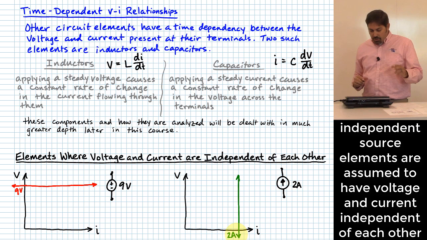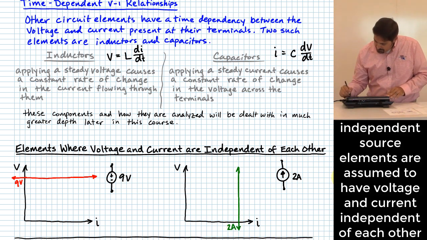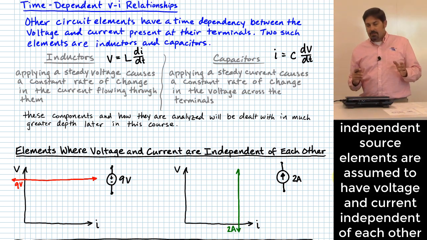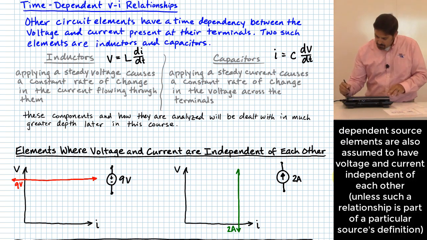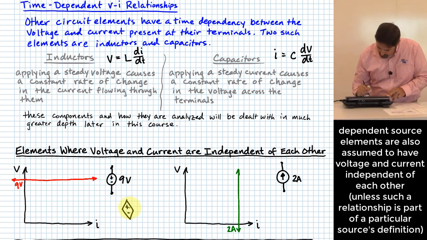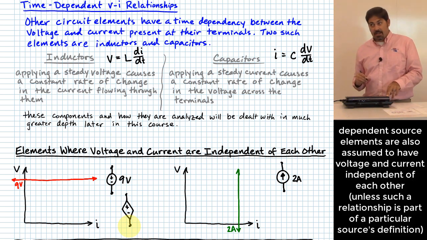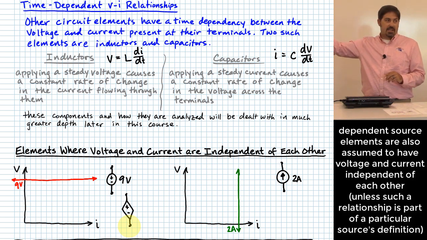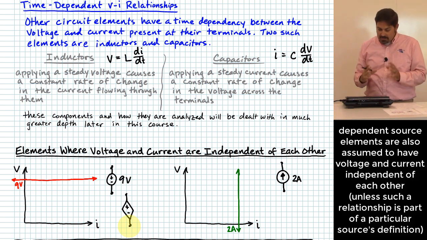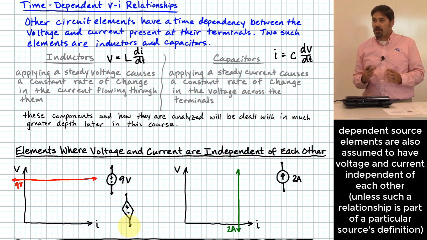Now, a good question that might come up at this point is, what about dependent sources? A dependent source looks like something like that. That's how we draw it on a diagram. Dependent sources, it sounds like it's dependent on something, not independent, right? But what is it dependent on? Something else somewhere else in the circuit. Once that has been set, the dependent source is actually, at least by default, independent of the current.